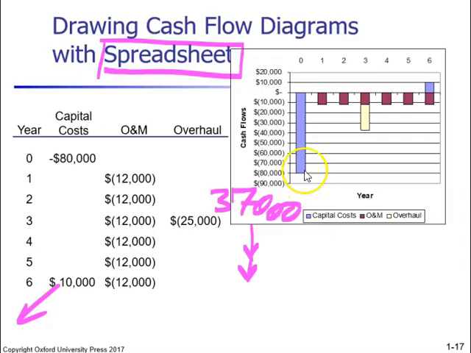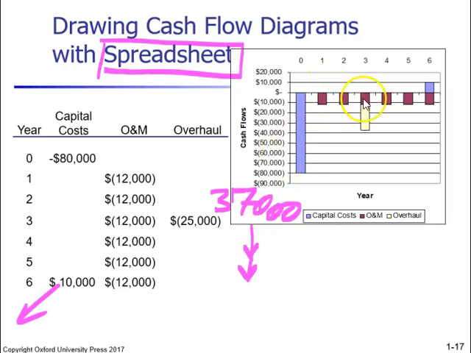And here you can see the cash flow. We have 6 years, 0, 1, 2, 3, 4, 5, and 6. At year 0, as you can see, scaled, an $80,000 cost.